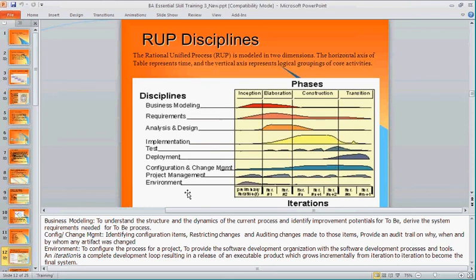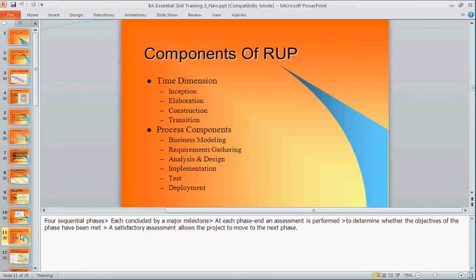Now in this diagram, if you notice, there are 3 additional workflows. These workflows are not related directly to software development. These are administrative workflows, all right, to manage a project. It is not to develop a software. Hence, the previous slide did not have these, all right?